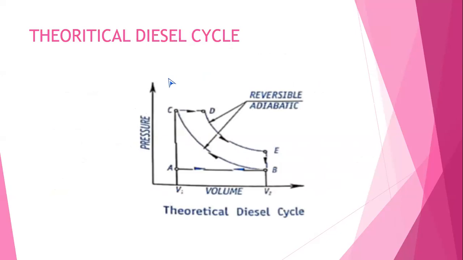All of you observe here. That is the 4-stroke diesel engine. But in case of the petrol engine, it is the theoretical Otto cycle or constant volume cycle. But this is the constant pressure cycle.